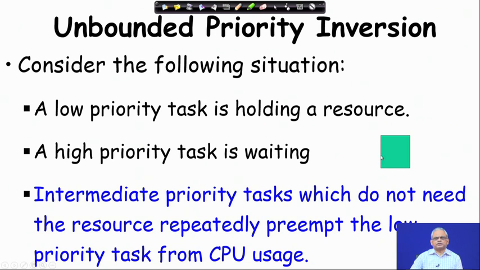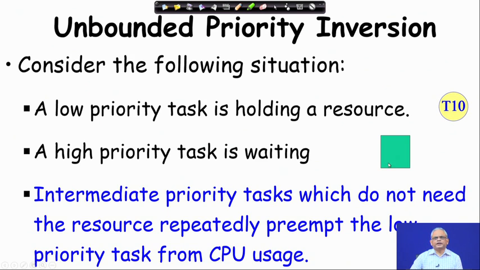We have a resource shown as a green box here, and we have a task T 10 which is executing. It is a low priority task, but then after some time into the execution, it needs the resource.